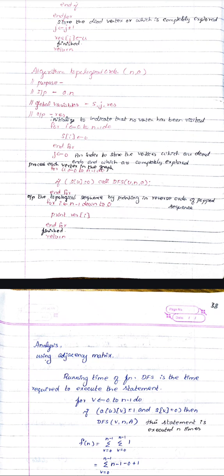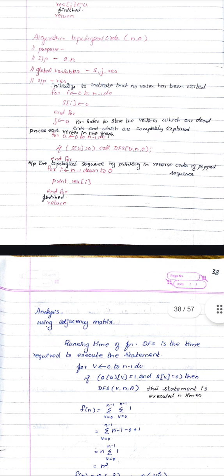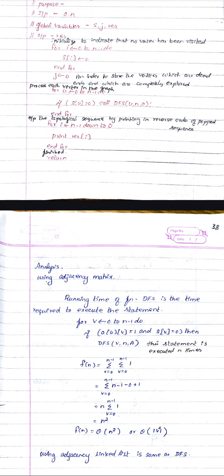In the same way, initialize to indicate no vertex has been visited: from 0 to n minus 1, mark everything as visited 0, and set the index to be 0. Till S of u is 0, call DFS of u, n, 0. The output of the topological sort will be printed here.